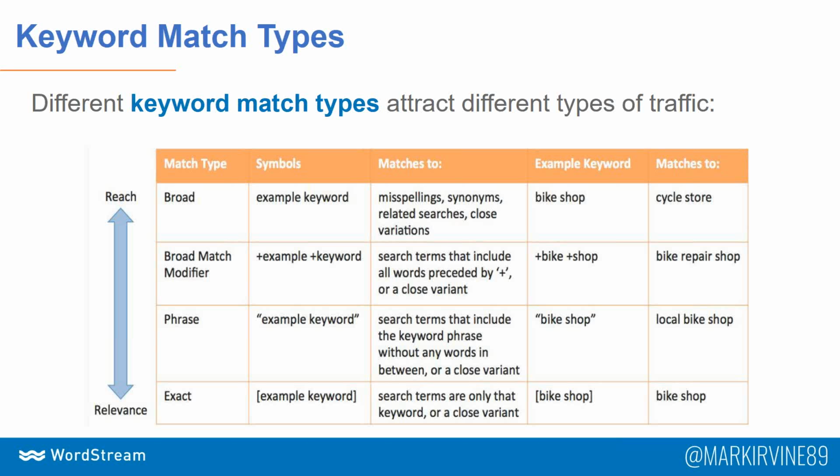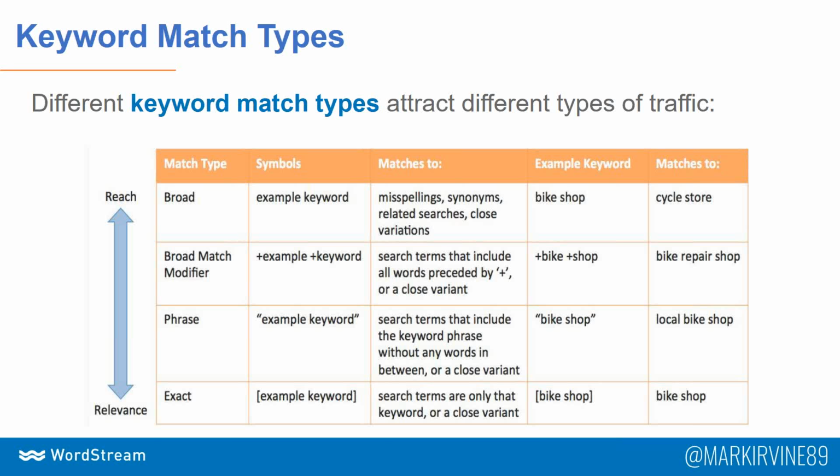The phrase match is going to allow us to show an ad whenever a user is searching for a term that includes that keyword. So here, the phrase match bike shop will show an ad to someone searching for local bike shop. So it still has the words bike shop in it next to each other, but allows for additional words to be added at the beginning or the end of that search.